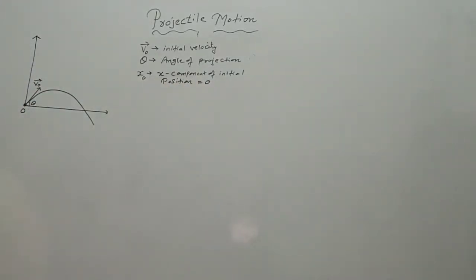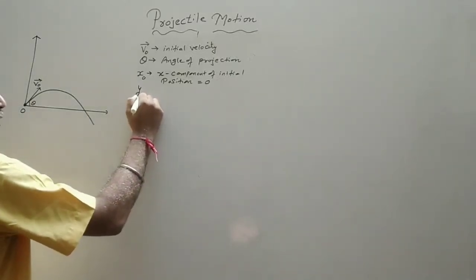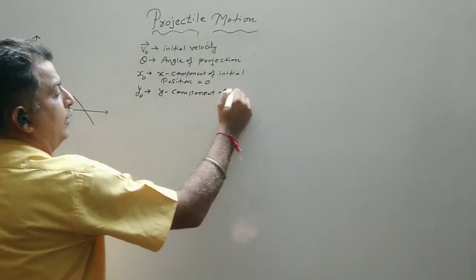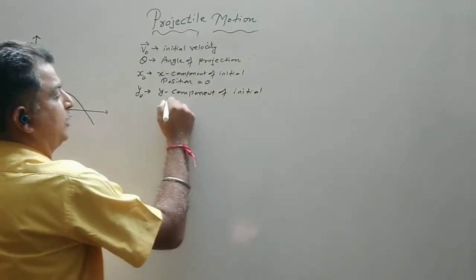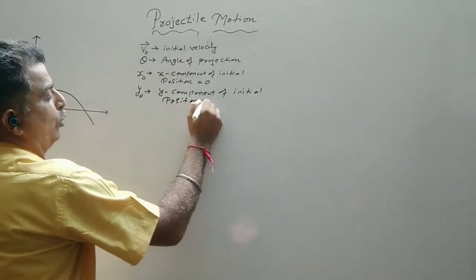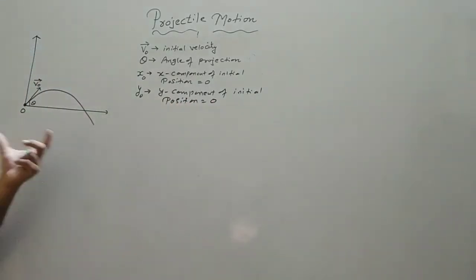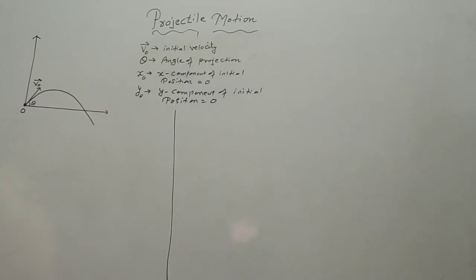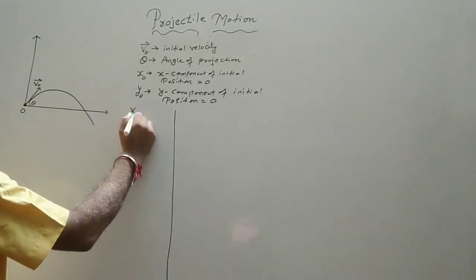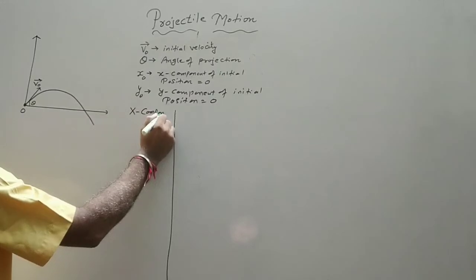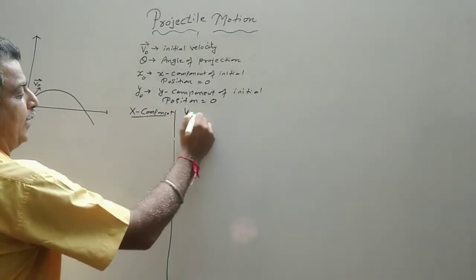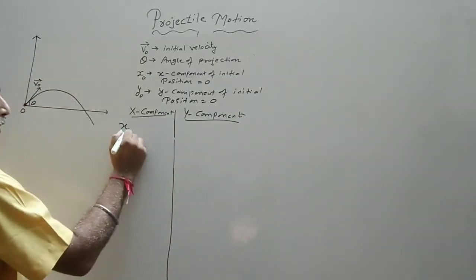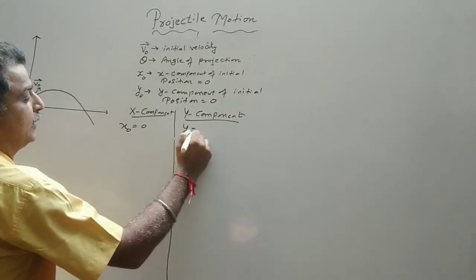So x naught is equal to 0. y naught, which is the y component of the initial position, is also 0. Since it is a 2D motion, we resolve each and every quantity related to the motion into two parts. That is the x component, and on the other side we have the y component. Here x naught is equal to 0, here y naught is equal to 0.